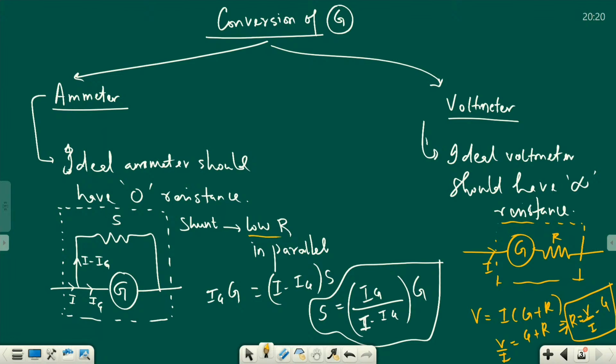A galvanometer can be converted into a voltmeter of certain range by connecting a resistance of 980 ohm in series with it.